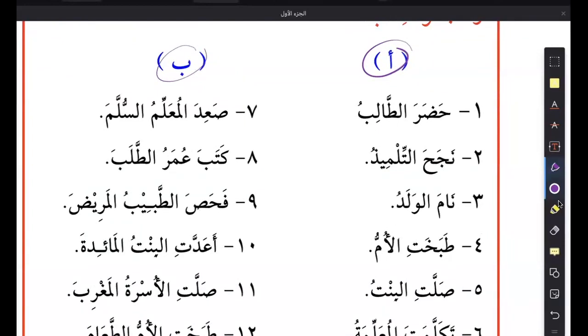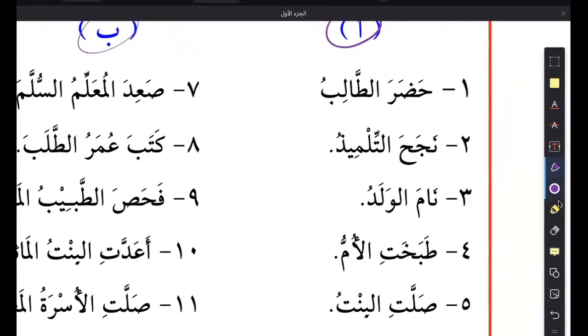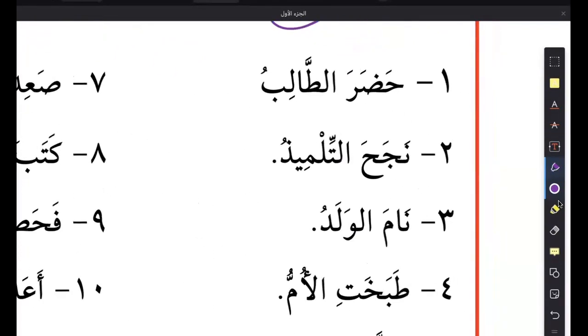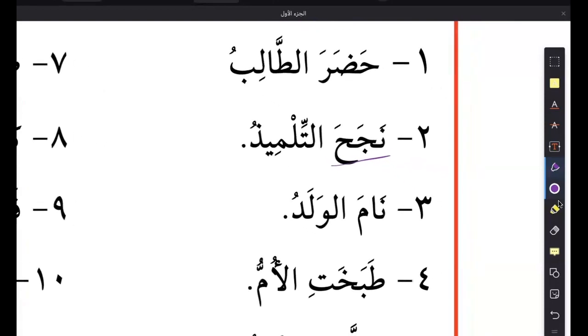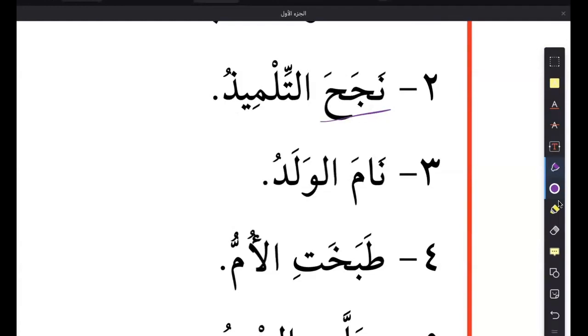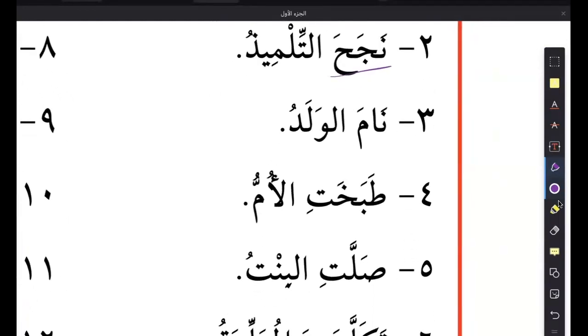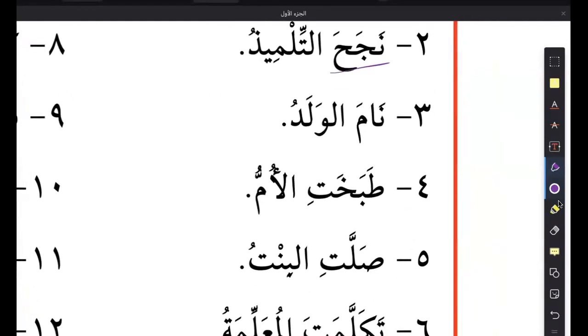It says حضر الطالب, the student attended. نجح التلميذ. Najaha is to succeed, the student succeeded. نام الولد, the boy slept. طبخت الأم, the mom cooked.